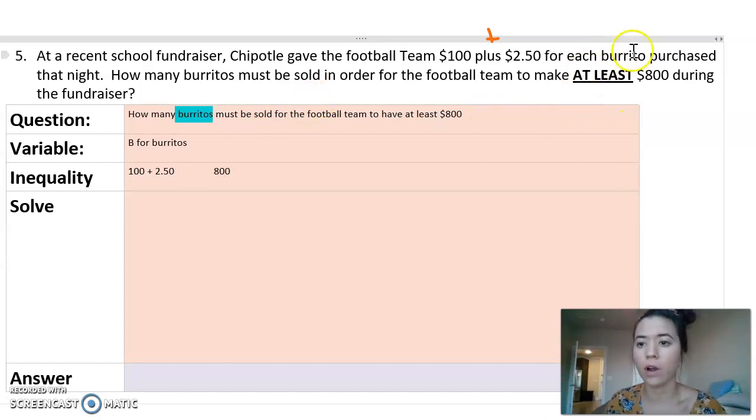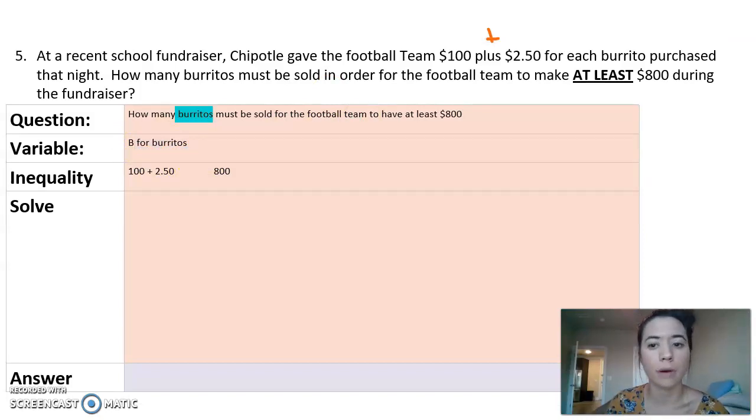So we need to figure out where to put the B for burritos, and then what sign should go in the middle. Also, as we talked about on Tuesday, this word each here means multiply. So we have 2.50 times B for burritos.